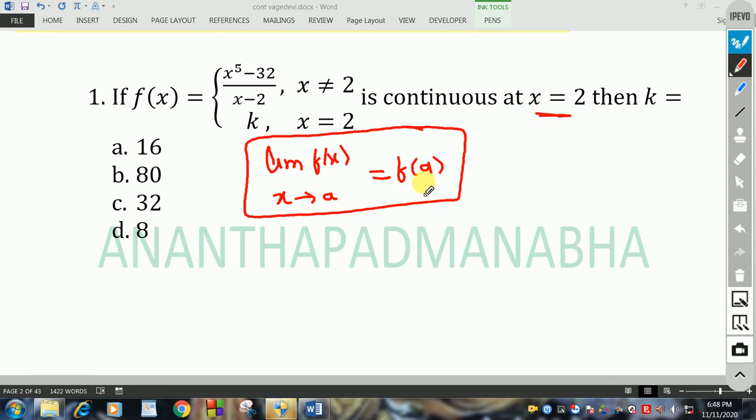So for the function to be continuous at x is equal to 2, we must have limit as x tends to 2 of x to the power of 5 minus 32 by x minus 2 is equal to f of 2, that is f of 2 is equal to k.